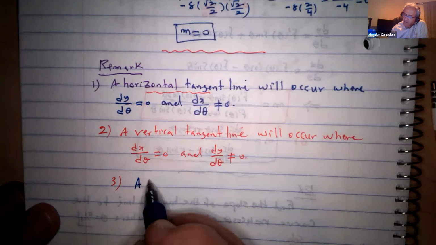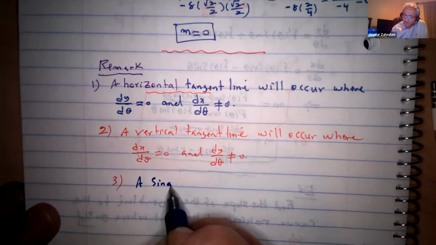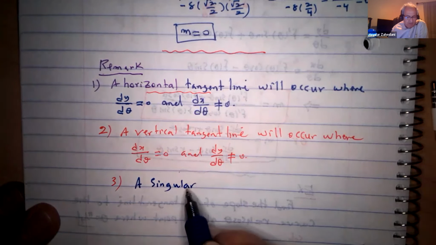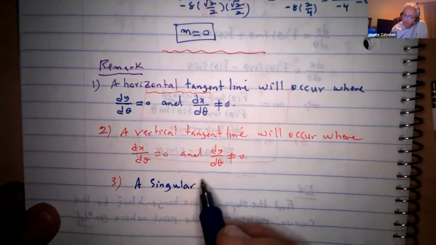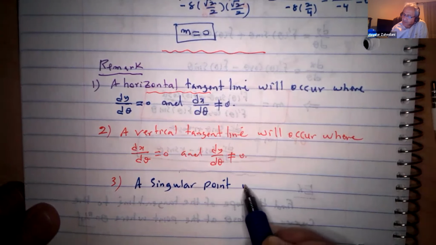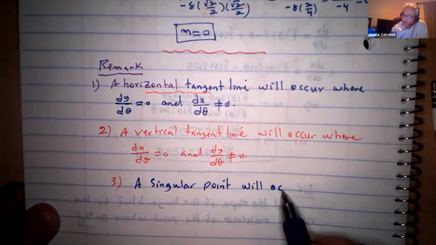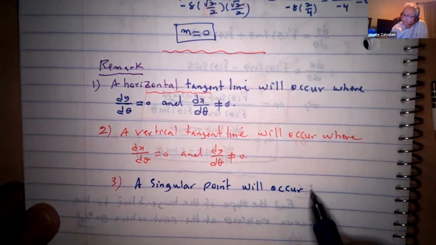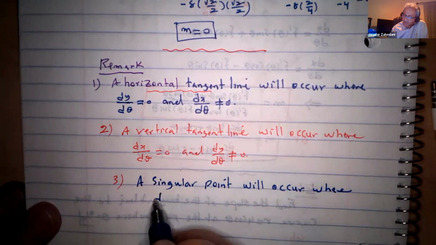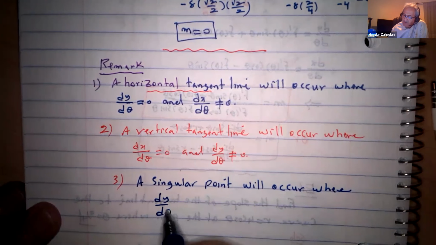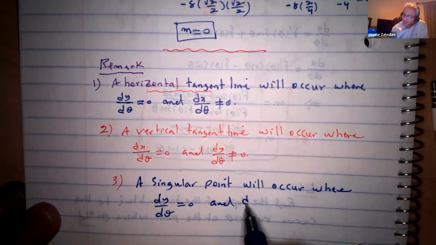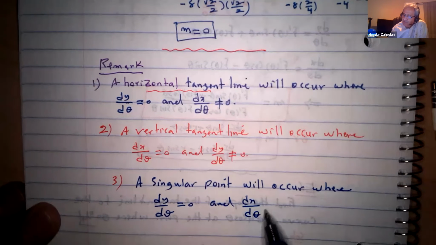You have it in your assignment, so we want to make sure you know it. A singular point, again, will occur where these two would be 0. So dy/dθ is equal to 0, and dx/dθ would be 0.